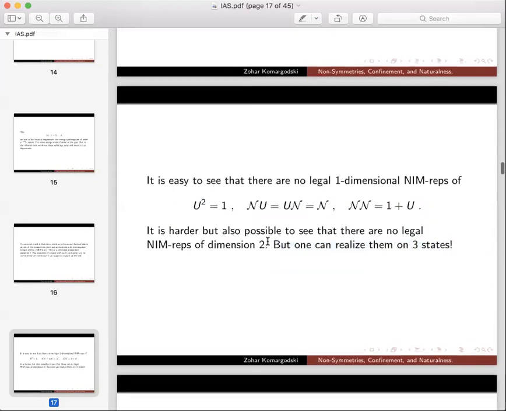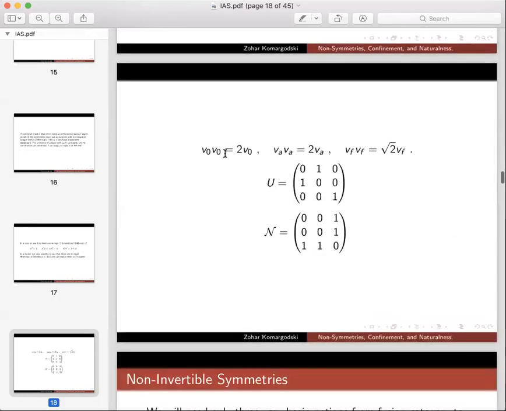So now let me show you how you can realize this algebra on 3 states. Let's call the 3 states V0, VA, and VF. Now here I wrote some sort of algebra between the states. That's not going to be important, but for the experts, I will say that when I write products between states on S1, what I mean is the Frobenius product. But that's not important for anything I'm going to say.